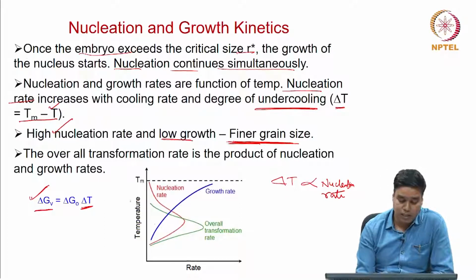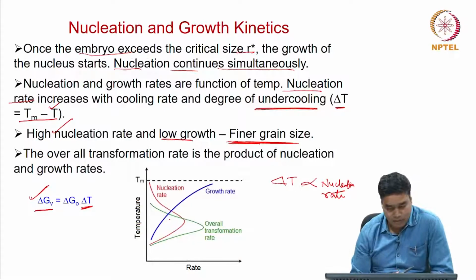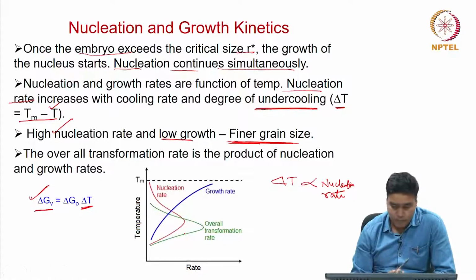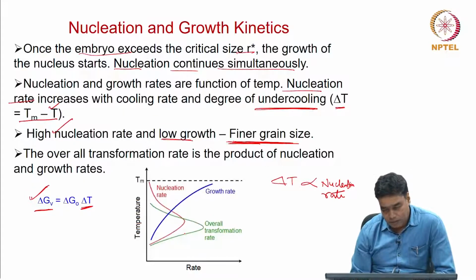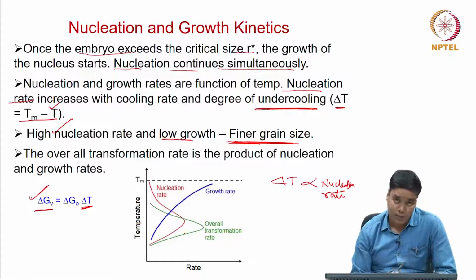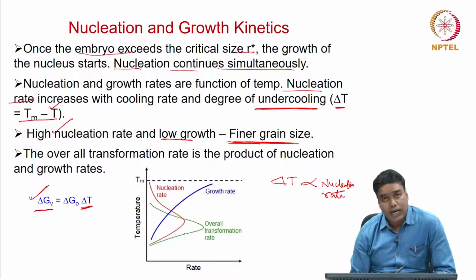The nucleation rate is given as a function of temperature. This is the nucleation rate and this is the growth rate, and overall transformation rate is just the sum of these two. And as I said, this microstructure would depend on which is prevailing over the other, whether nucleation rate is prevailing over the growth rate, and in that case you are going to end up with a finer microstructure.